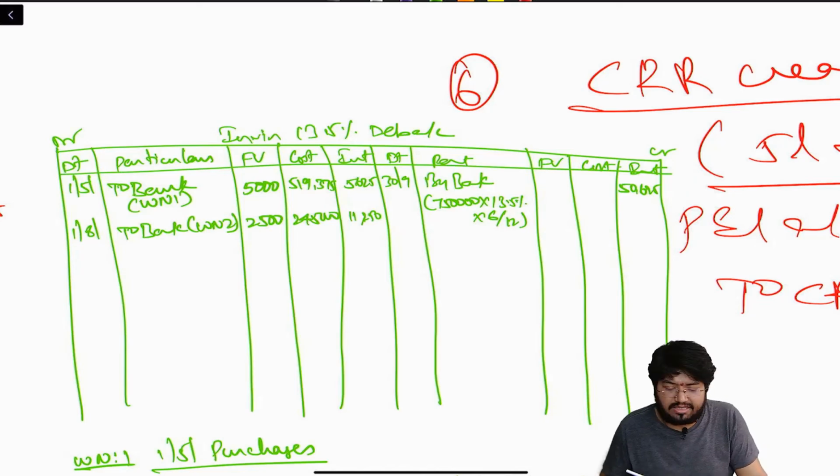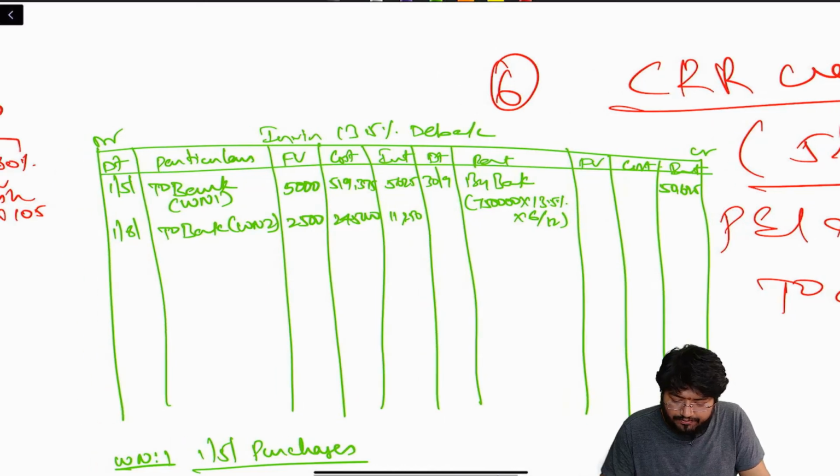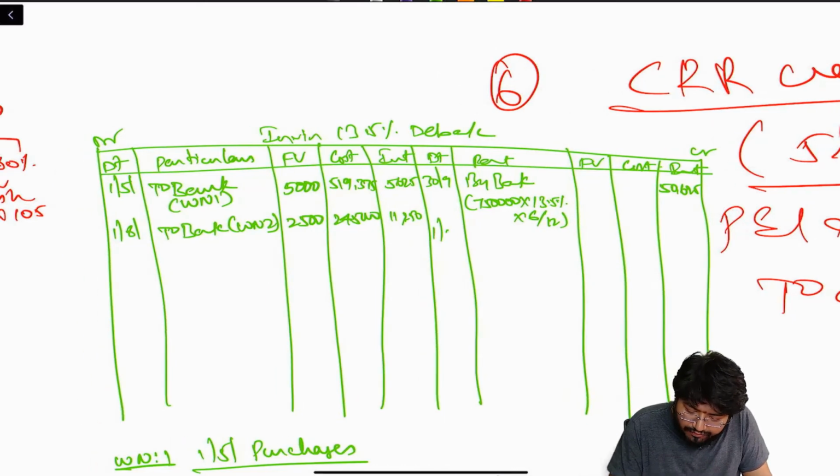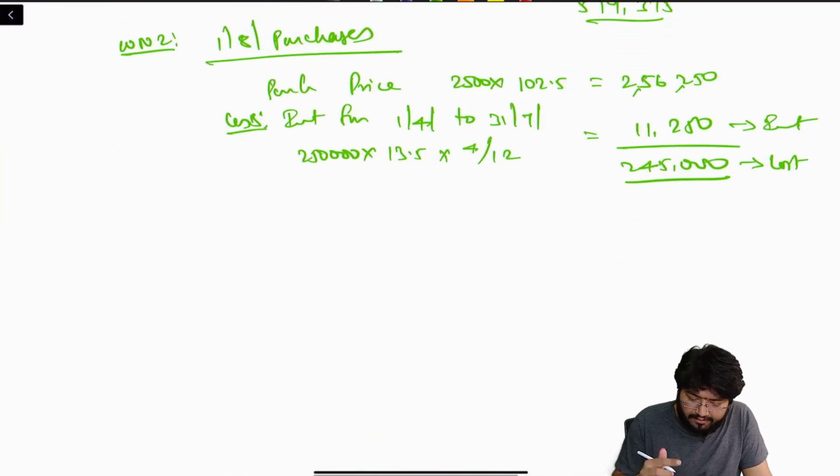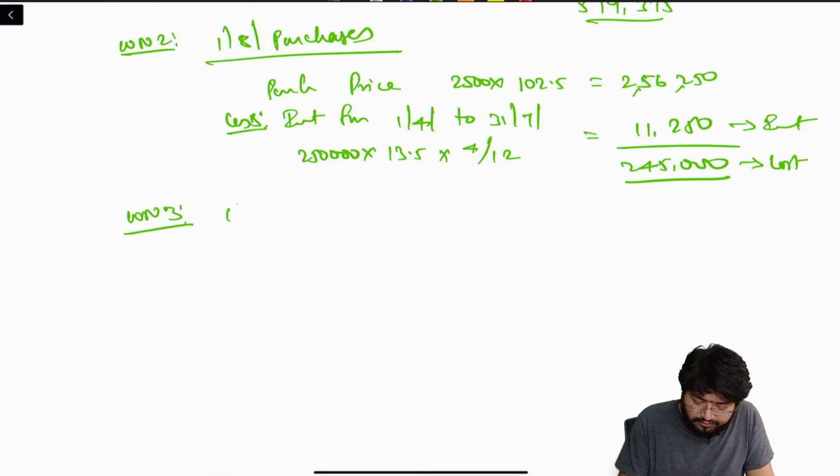Then apart from this, what other transactions are given? On 1st October, this fellow sold some debentures. 2,000 debentures are sold. So 1st of October by bank, let's do a working note 3. 1st of October, sale. Sale price, how much is it?